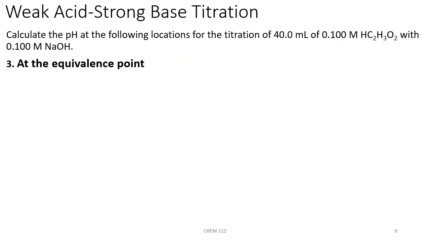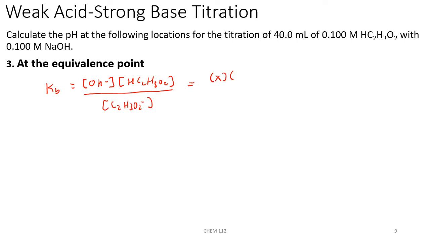So next for our hydrolysis reaction, we're going to want to write our equilibrium expression. We're going to have Kb equals the concentration of hydroxide ion times the concentration of acetic acid, the little bit that's formed from hydrolysis, all over the concentration of our weak base, which is acetate. We figured out that we're going to have X for our hydroxide ion, X for our acetic acid, all over our concentration that we calculated, 0.05 minus X for our acetate anion.